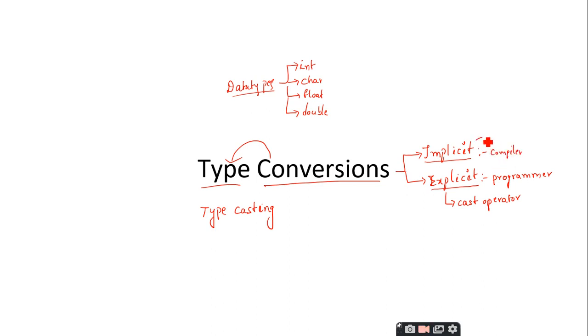So, in implicit typecasting, the lower order data types are converted to higher order data types. What do you mean by lower data types and higher data types? It is based on the size. For example, char takes 1 byte.